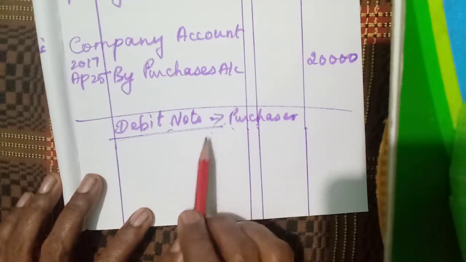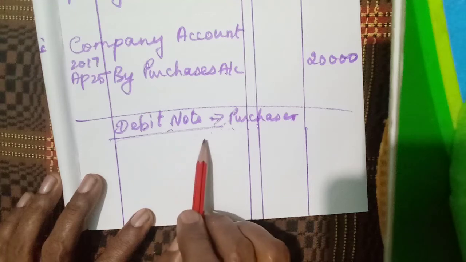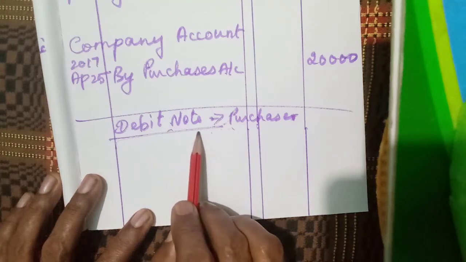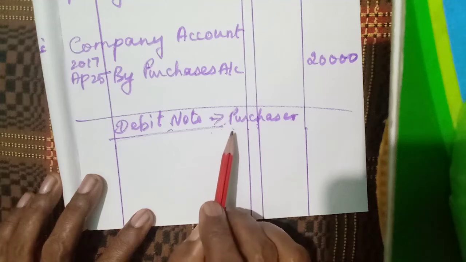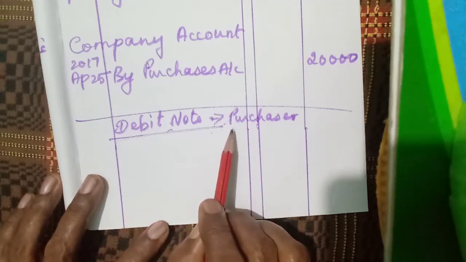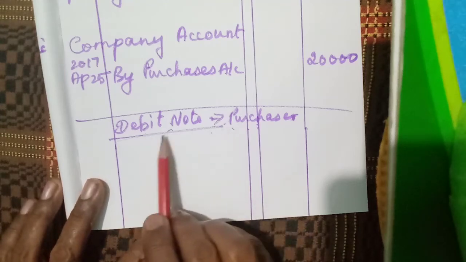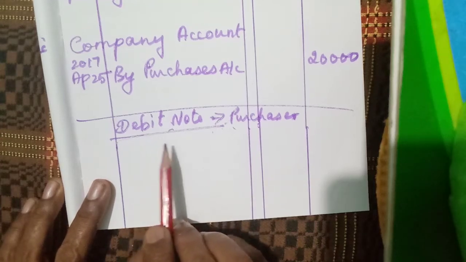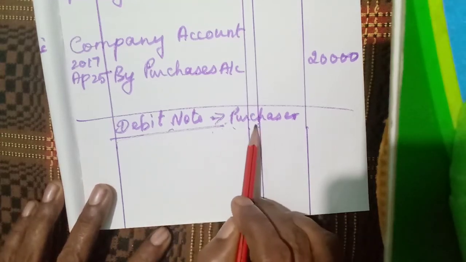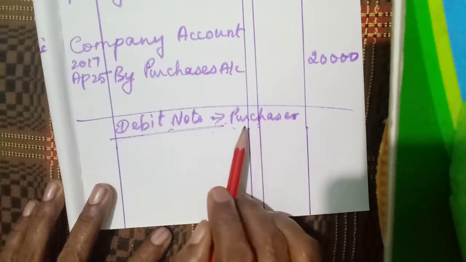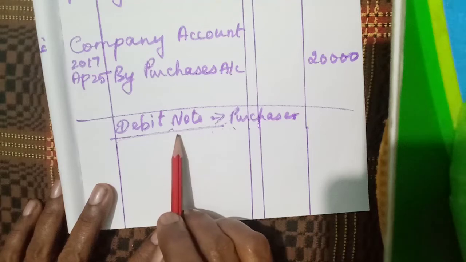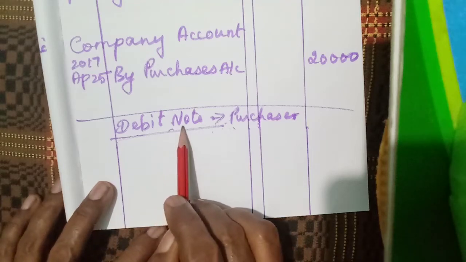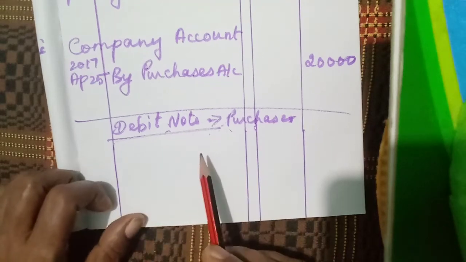So when we send goods back to the supplier and do not receive cash for those goods, we should prepare the debit note and send it along with the goods to the supplier. Because to that extent, to that amount, we will debit the supplier's account. That is why we prepare the debit note.